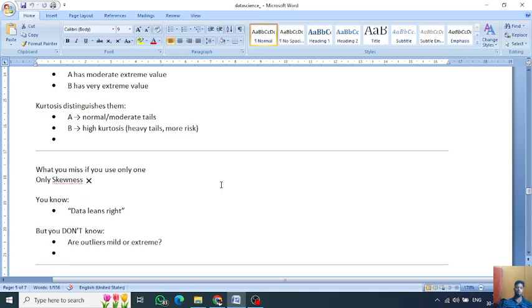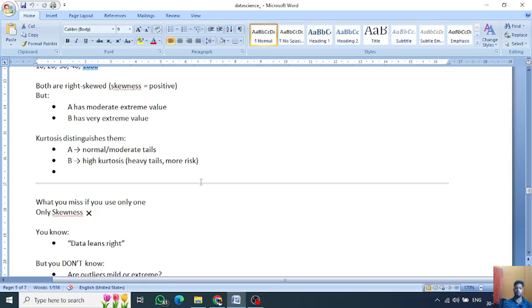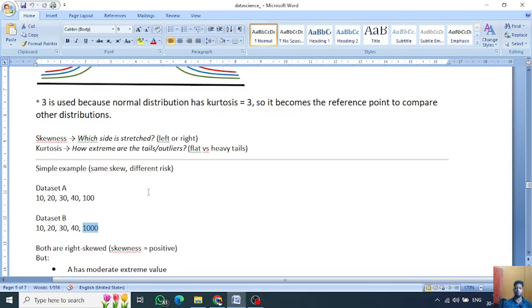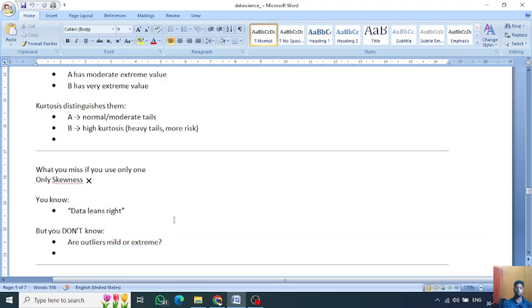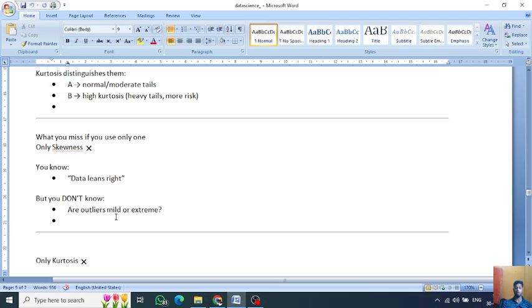Suppose you are a bit confused, because skewness and kurtosis both tell about outliers. So why do we need both? If we take only skewness, we know the data leans right, but we cannot know whether the outlier is mild or extreme.